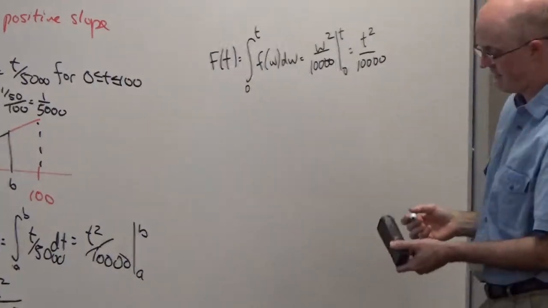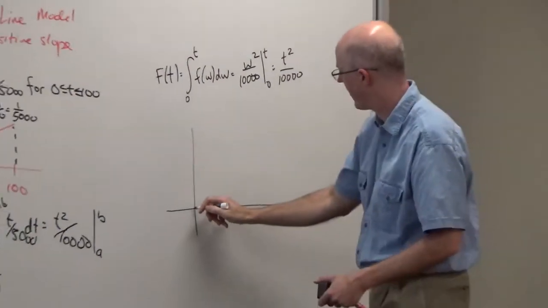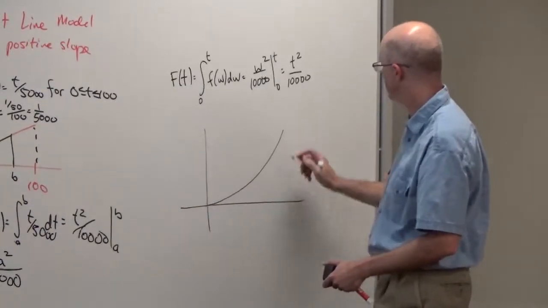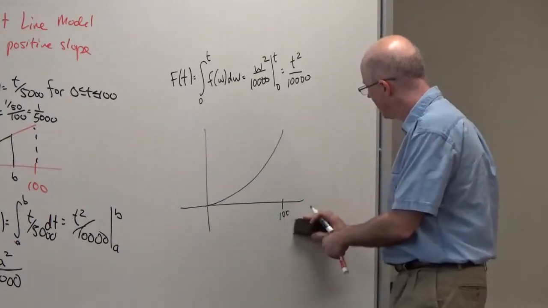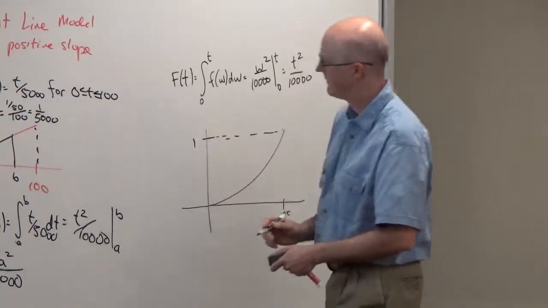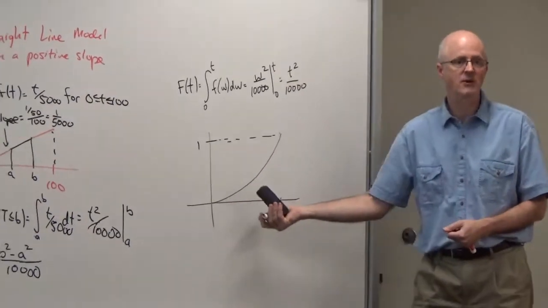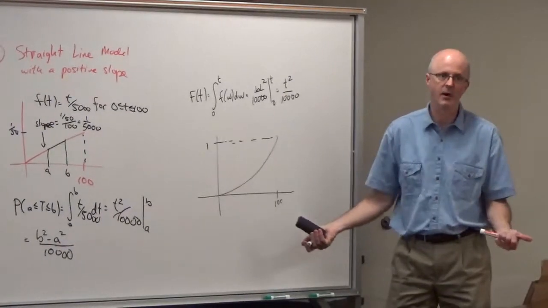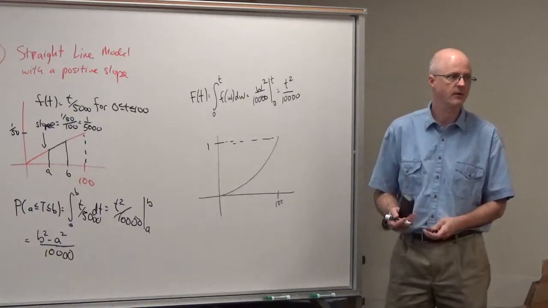The graph of the CDF is a quadratic. It's a parabola, or half of a parabola. Looks like that. When t is 100, it's up at 1. Once again, if you have this graph, you don't have to integrate it to find probabilities. You do subtraction. That's the fundamental theorem of calculus, really.